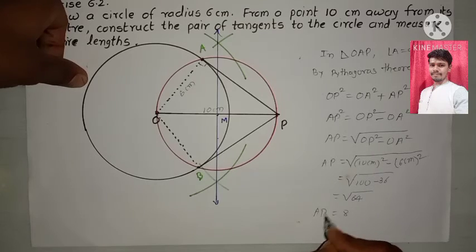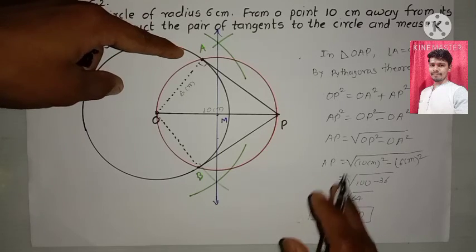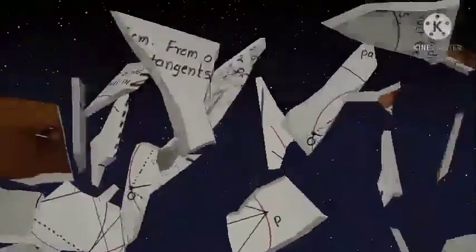So AP is equal to 8 centimeters. So if you are asked to find the length of this tangent, we can use the Pythagoras theorem. Thank you for watching.